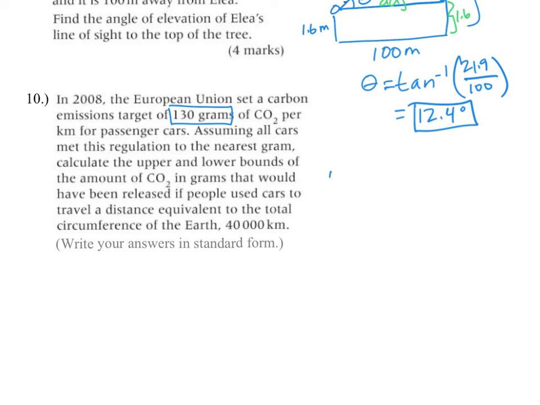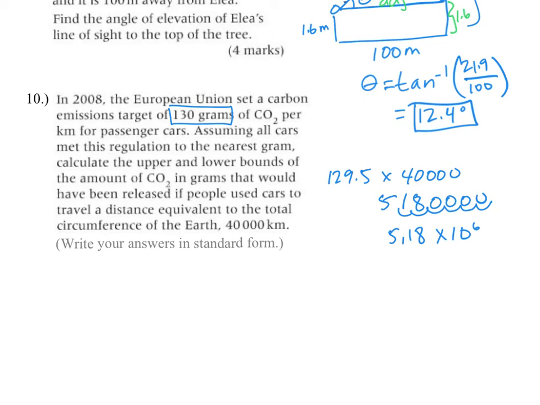So we're going to take 129.5, that's half a gram below, and then multiply that by the 40,000 kilometers to get our lower bound, and that lower bound was 5,180,000. And then to get that in standard form, let's see, 1, 2, 3, 4, 5, 6. So this would be 5.18 times 10 to the 6th. Okay, so there's our lower bound.